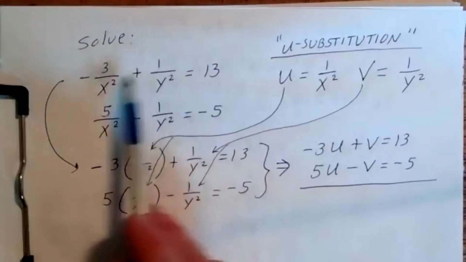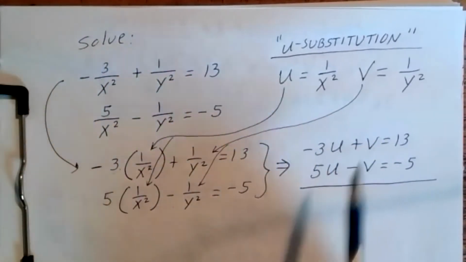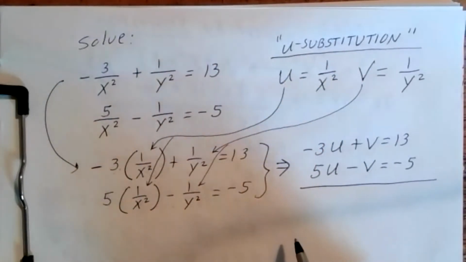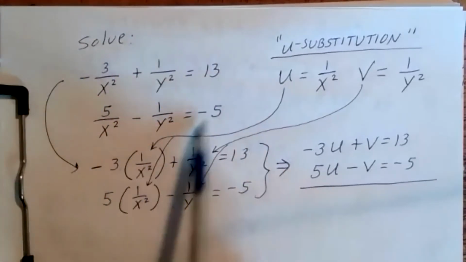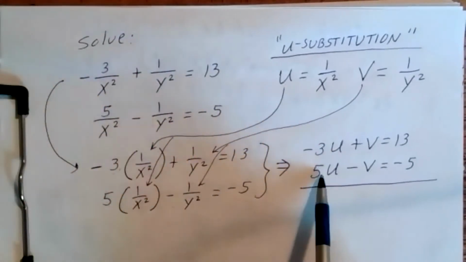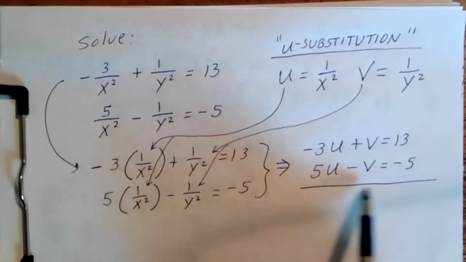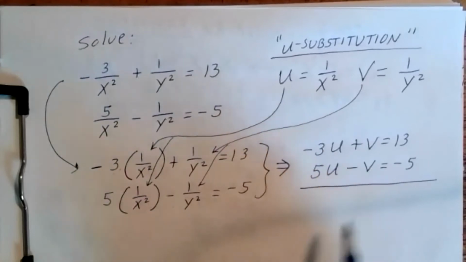Compared to this mess we had here. See how nice U substitutions can make your systems or situations look? The point of a U substitution is to take a real complicated looking situation and to try to simplify it so that we can better understand what needs to be done. That's the purpose of a U substitution.